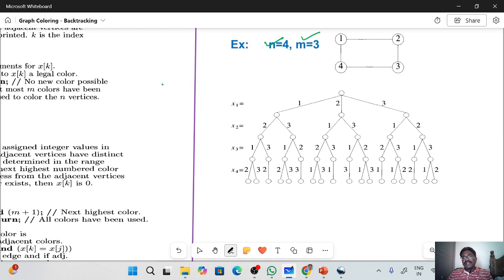So when we have 3 colors, I am going to fix 3 color labels: the first color label, second color label, third color label. You can choose your convenient name for each color.